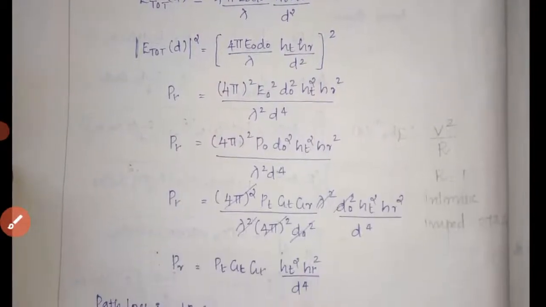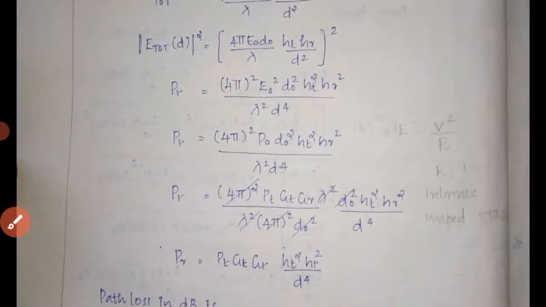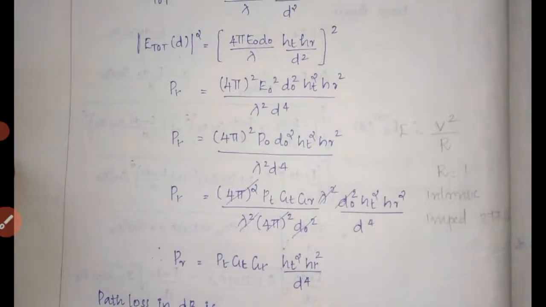Then we are taking the square. E total of d the whole square is 4 pi E naught d naught by lambda, ht hr by d square, the whole square. So E total of d the whole square is equal to the received power, PR.